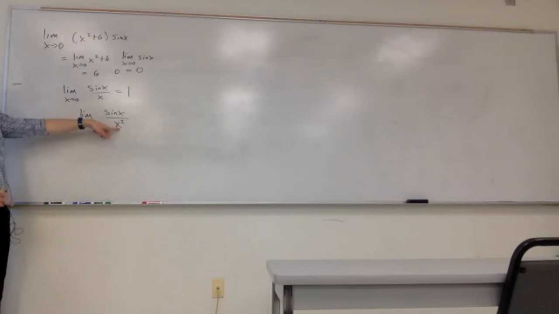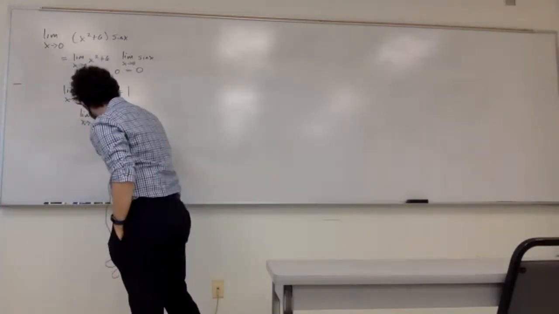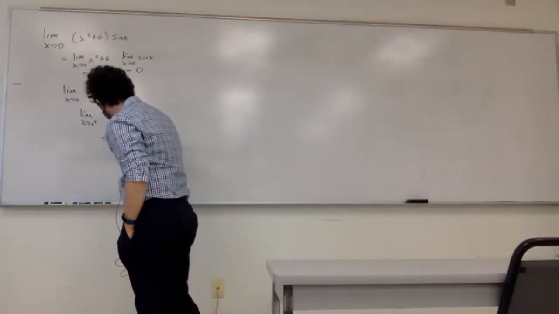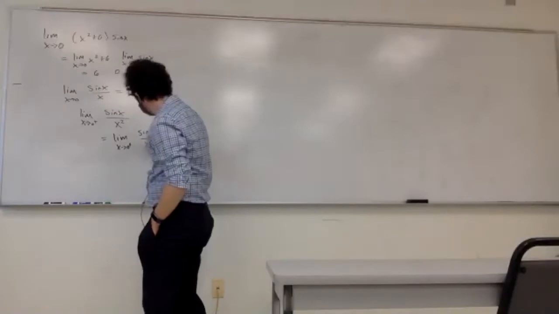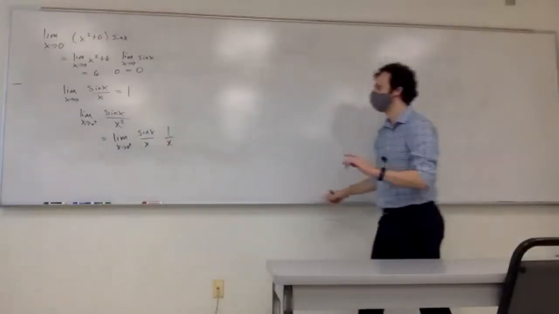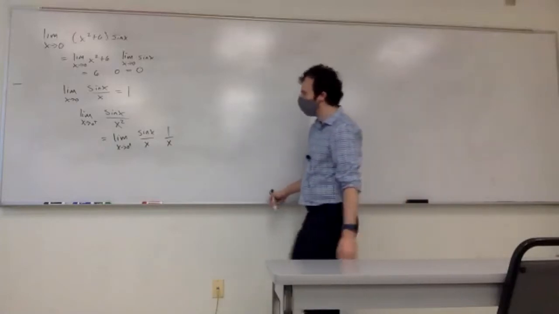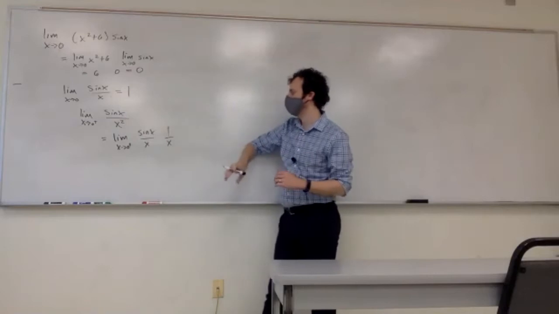If I separate one of those out, then what we get is the limit as x approaches 0 from the right of sine x over x times 1 over x. So that's just algebra. That's not any kind of limit thing. And this is what I mean by finding this limit inside other limits.